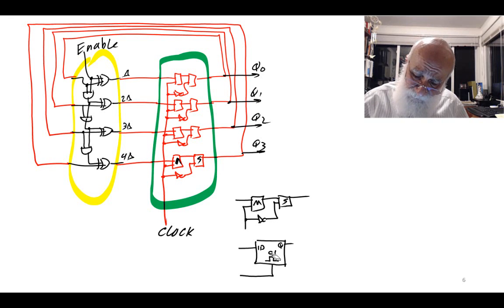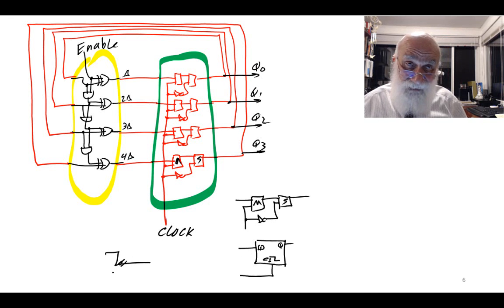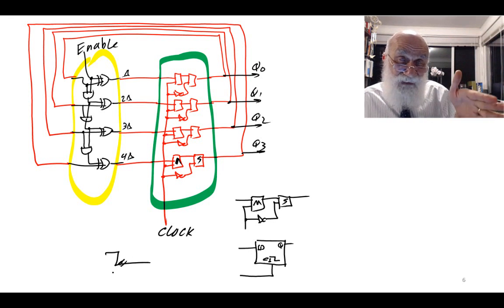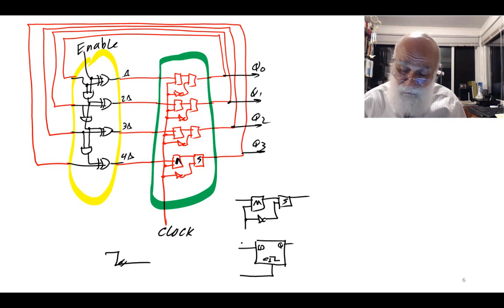Okay, some draw it like this, and then I'll show you a different symbol, a more standard symbol later on. This edge here means that it requires the 1 to 0 transition of the clock for the input to be taken.